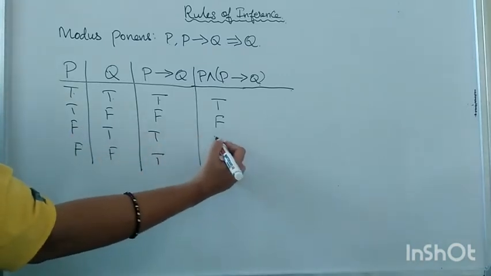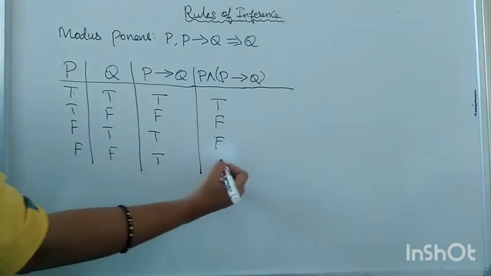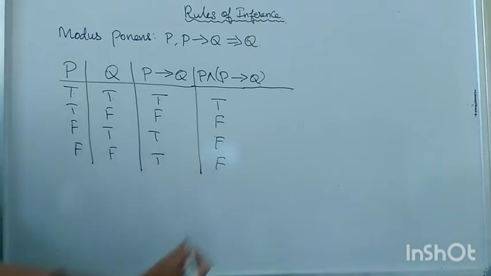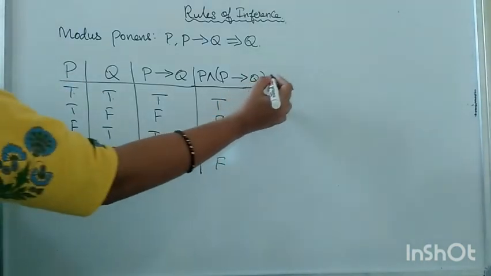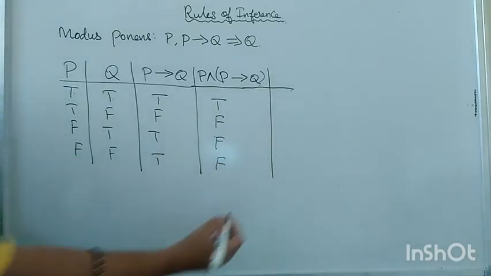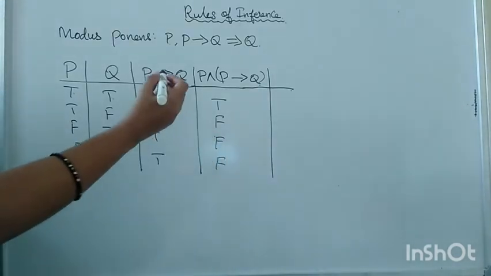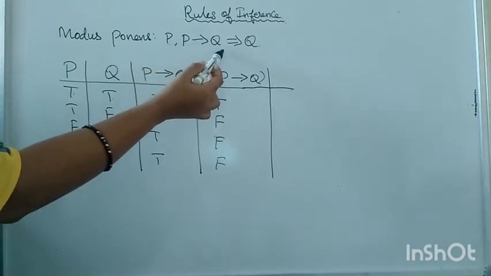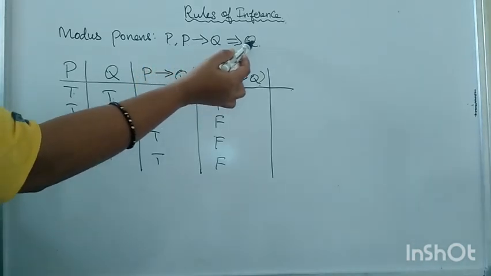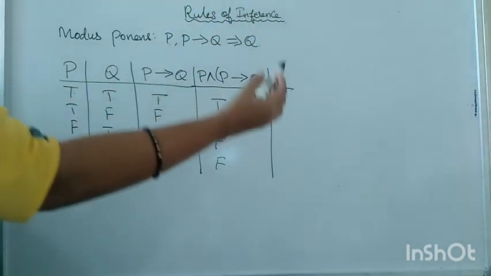False, true, false, and again here we will get false. And next, what we have to prove here is that P and P implies Q tautologically implies Q.